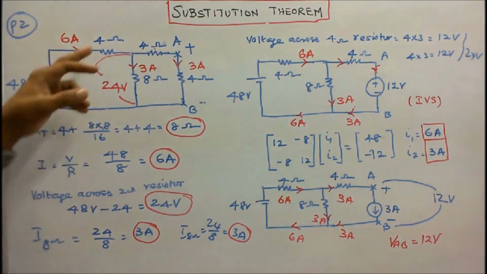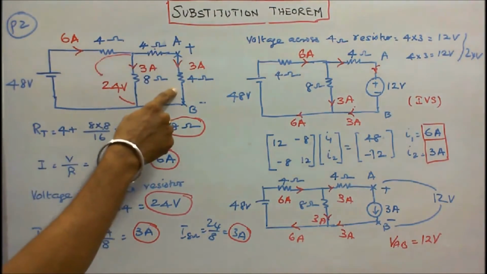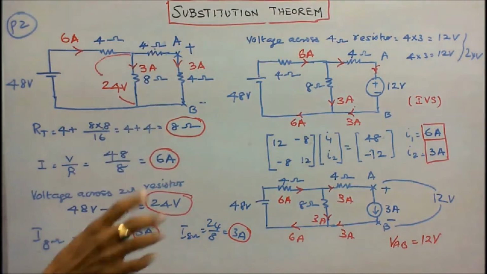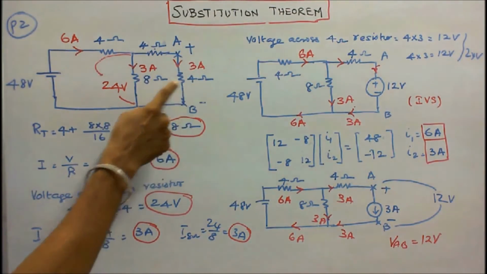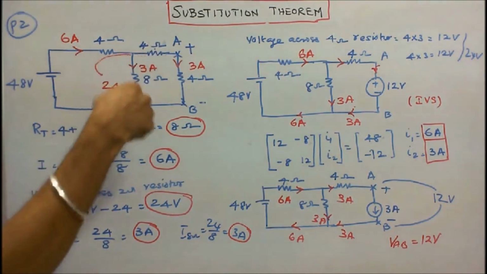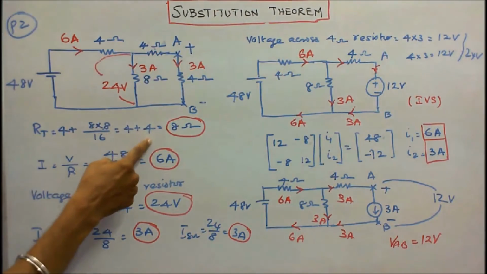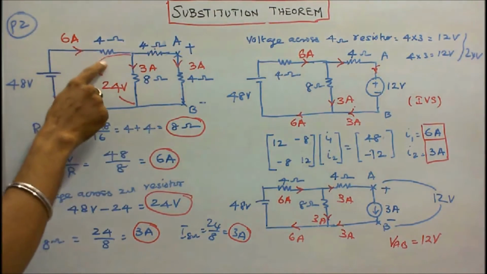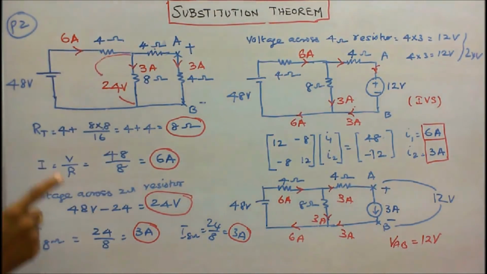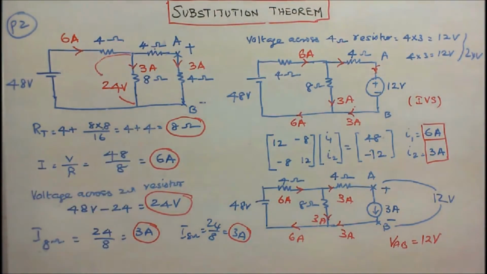I can calculate the total resistance. Here these two resistors are in series, therefore 4 plus 4 is equal to 8. That 8 ohm resistor is in parallel with the 8 ohm resistor, and the equivalent resistance is 8 into 8 divided by 8 plus 8, that is equal to 4. That 4 ohm resistor is in series with the 4 ohm resistor, therefore the total resistance is 4 plus 4, that is equal to 8 ohms.